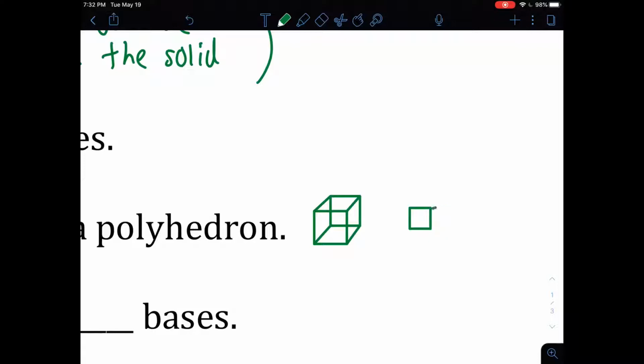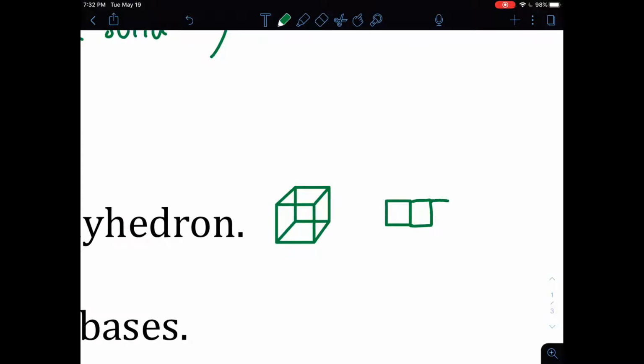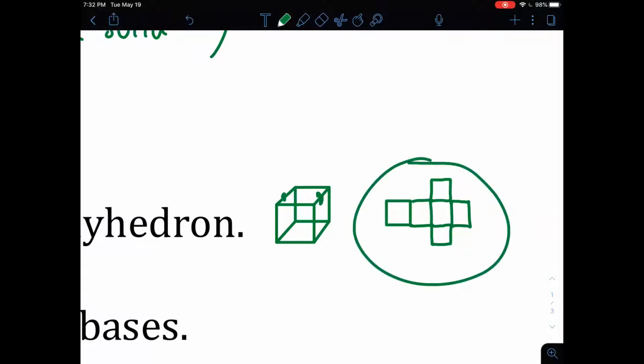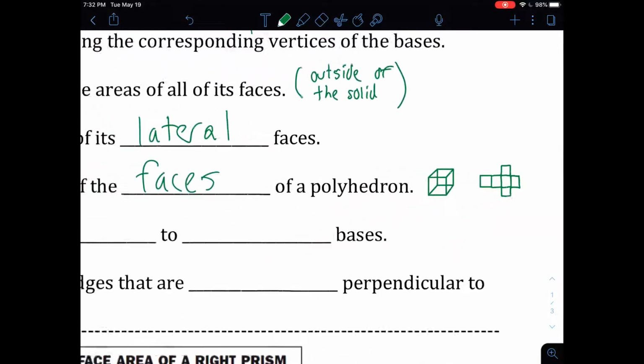Okay, I'm going to eyeball it here because we're running out of time. I don't want to take too long on this, but have you guys seen this shape before? If you were to flatten out this cube, like unfold this, take this part and this part, and just let it fall flat, this is what it would look like. This is called a net. Basically, it's each of the faces in 2-dimensional shape, even though it's a 3-dimensional shape.